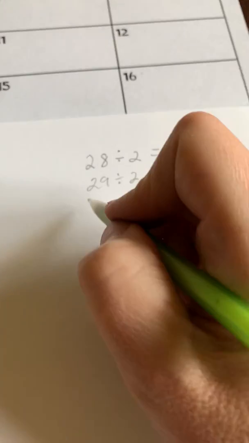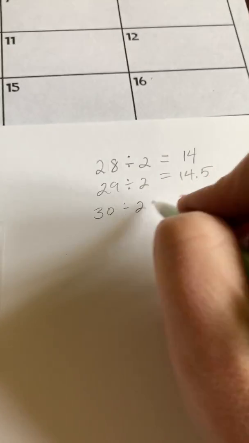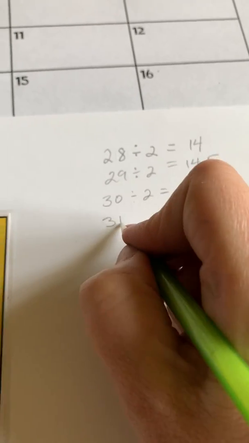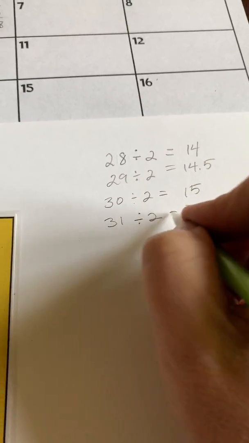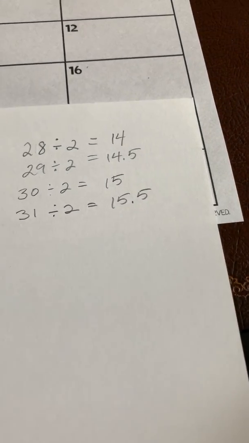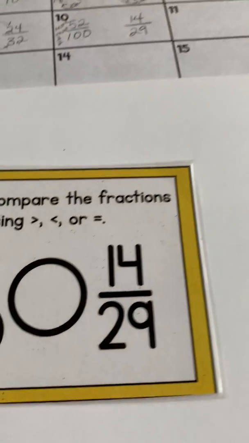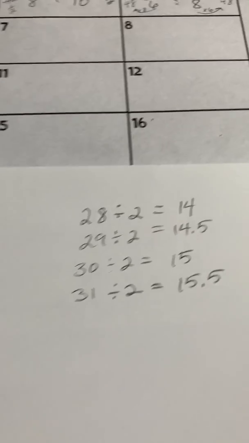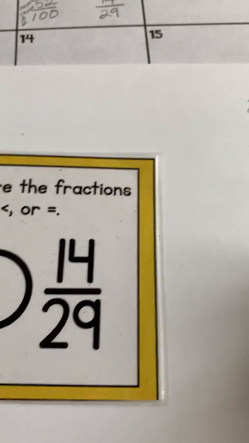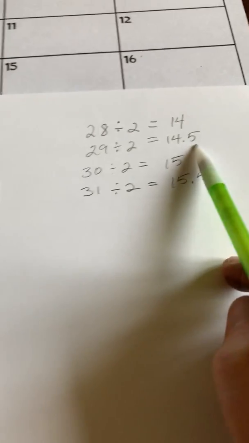And if I follow that same pattern, half of 30 is 15. Well, half of 31 will be 15.5 or 15 and a half. Okay, so going back to this fraction, half of 29 is 14 and a half, 14.5, 14 and 5 tenths, okay?